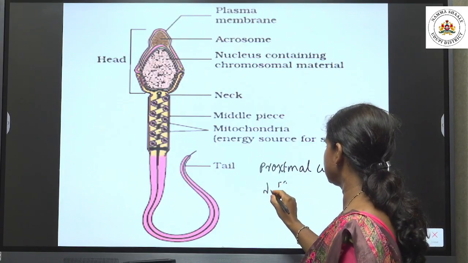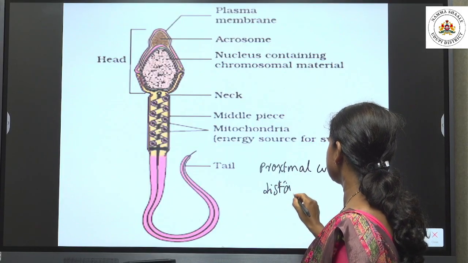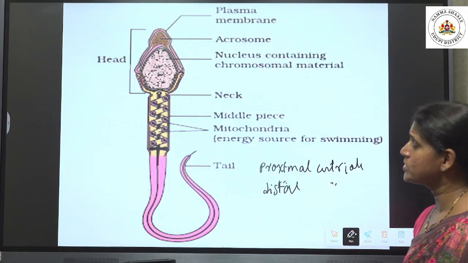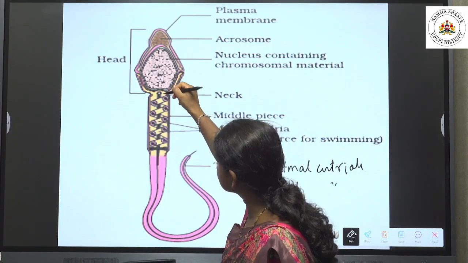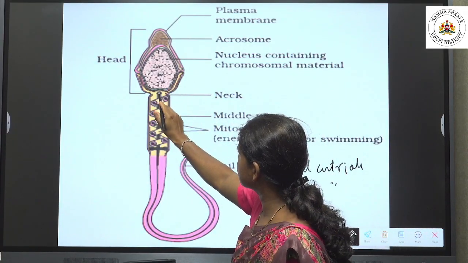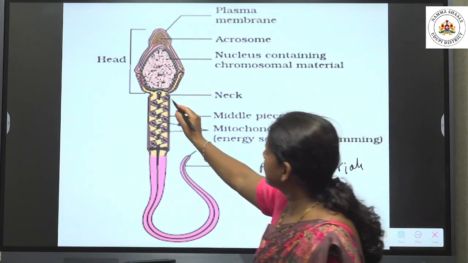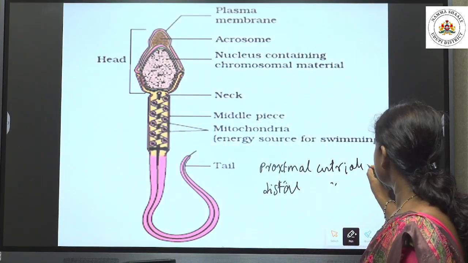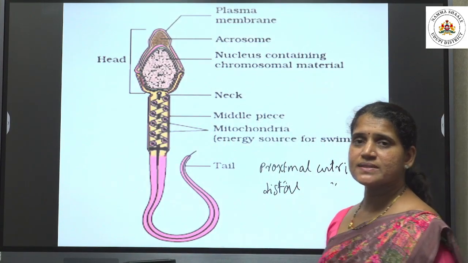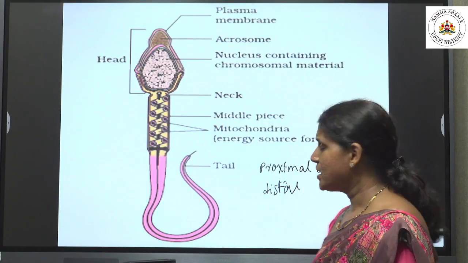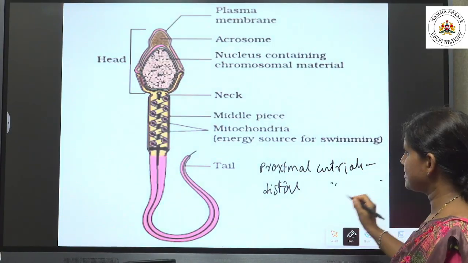Two centrioles are there in this region, one is the proximal centriole and the other is the distal centriole. The proximal centriole gives rise to sperm asters during cell division or cleavage.